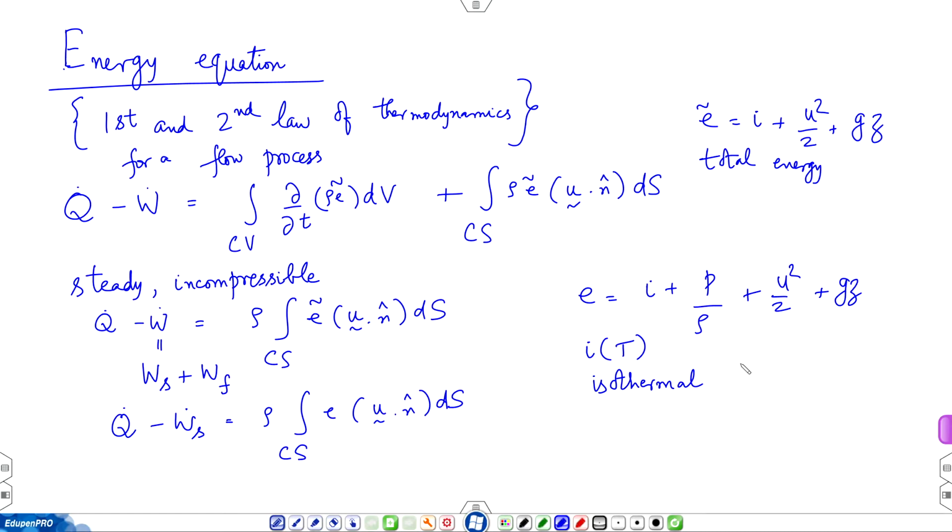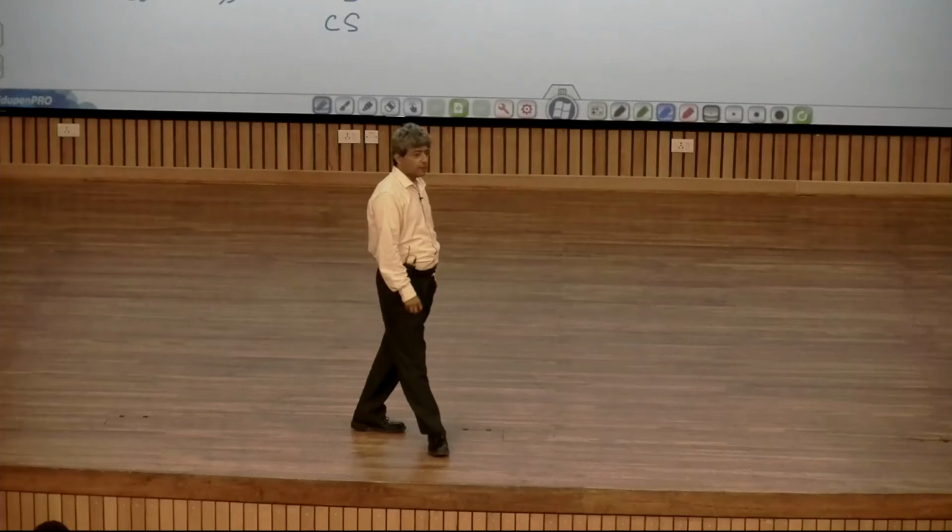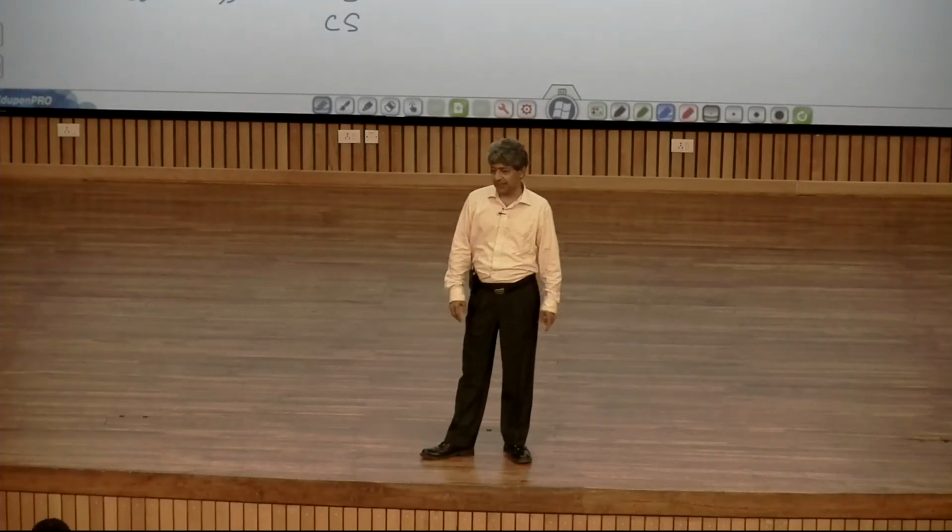I think somebody asked quite correctly, I is not 0, but it is constant. If it is constant, then its integration on Cs, here you replace E by I, and this U dot n is 0. I is constant. That means the right hand side will not have any contribution from I, okay, if I is constant. So, it is almost like atmospheric pressure acting as datum and cancelling off.